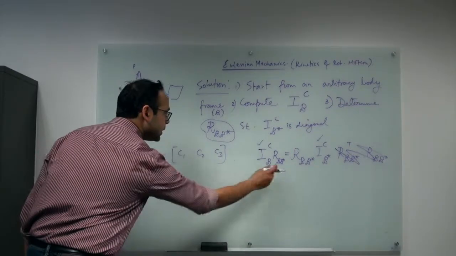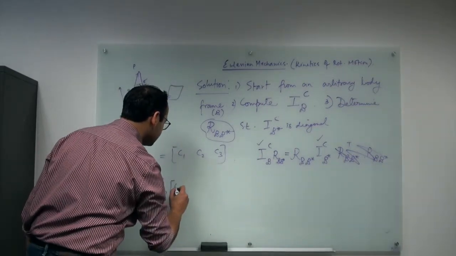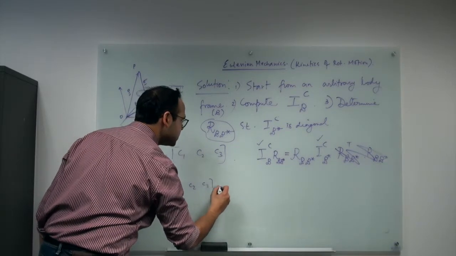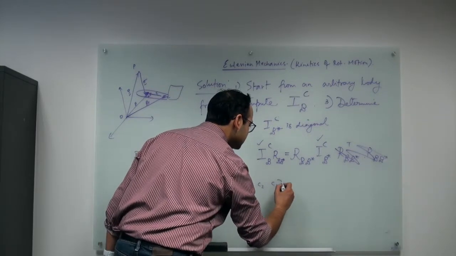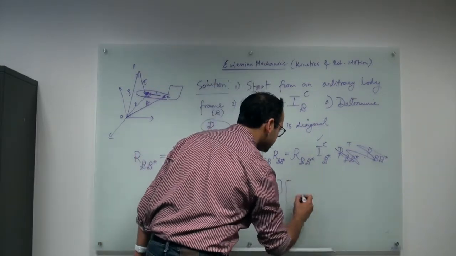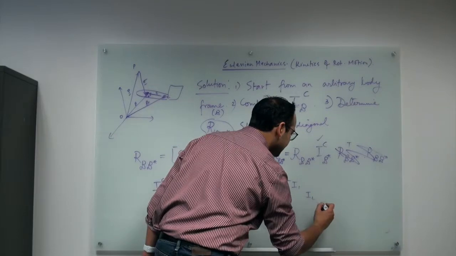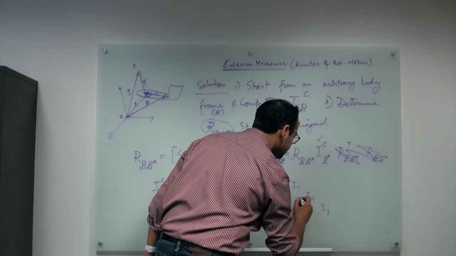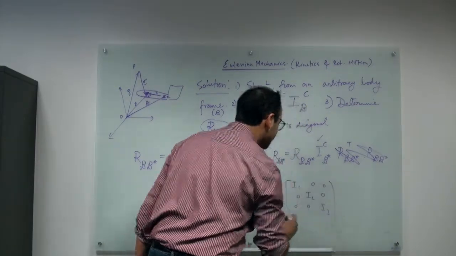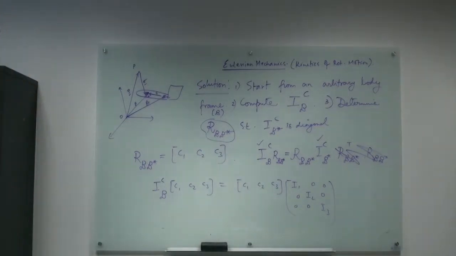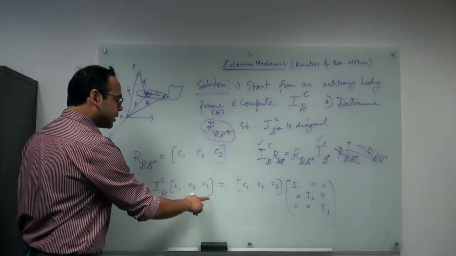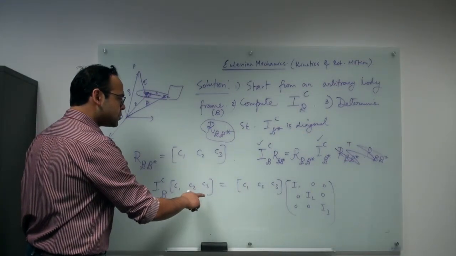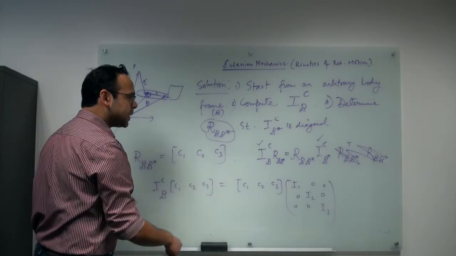We are left with I^C_B. Now I'm going to throw in the structure C1, C2, C3 equal to C1, C2, C3, and I know the structure of this. The desired structure is diagonal. So this is a matrix multiplied by another matrix. We can get 3 columns here that we can compare, right?